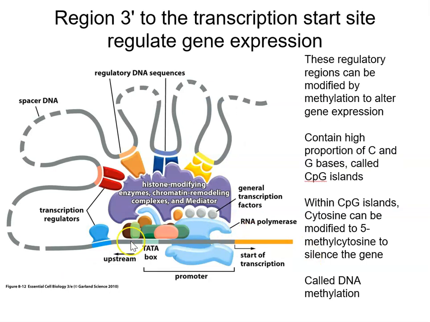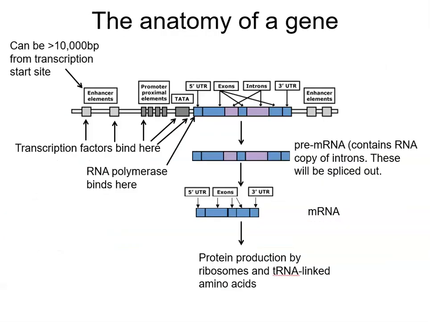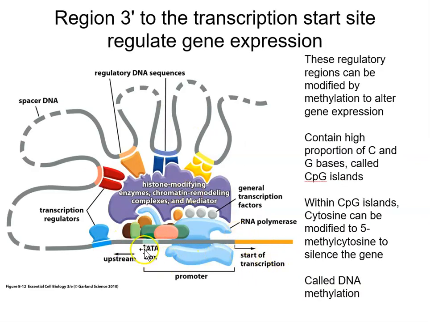Now this is a view of the promoter region of a gene and showing how these elements which are tens of thousands of base pairs away can influence whether RNA polymerase binds here. So here we can see the classic promoter of a gene.